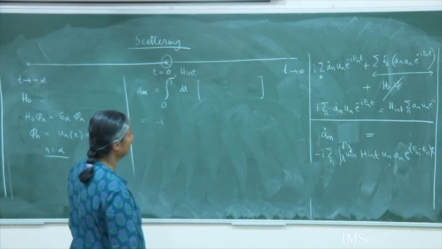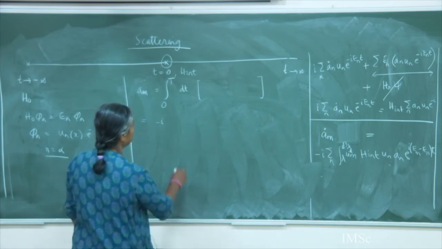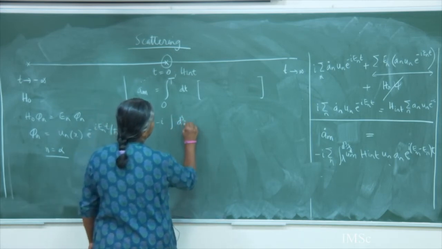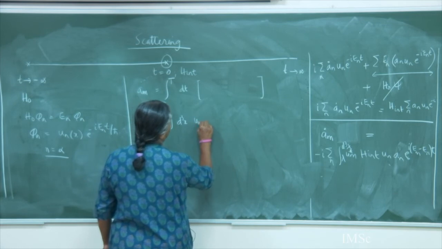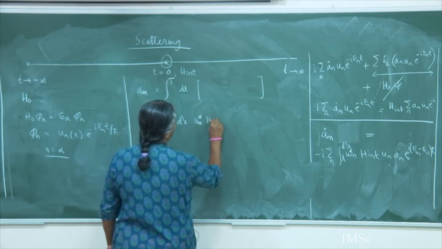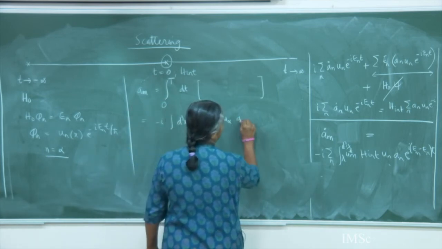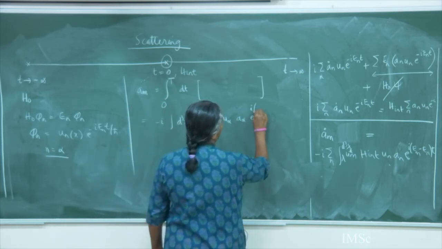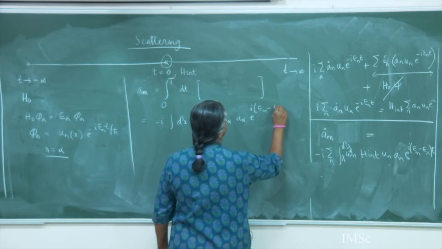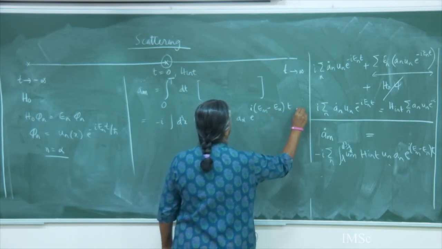So I have only alpha over there. The summation term drops. So I have integral d cubed x u_m star H_int u_alpha a_alpha e to the i (E_m minus E_alpha) t dt.